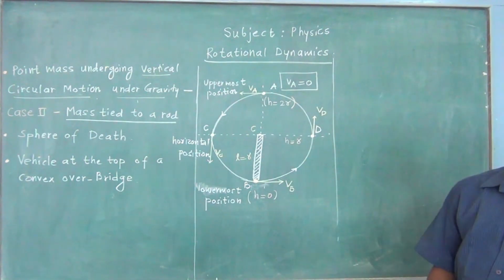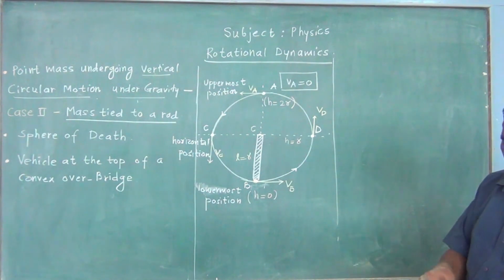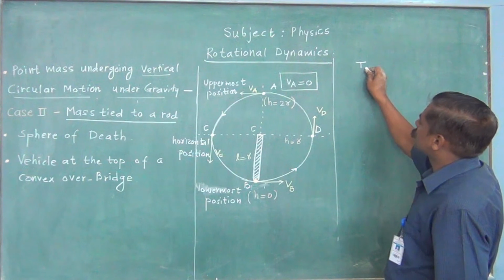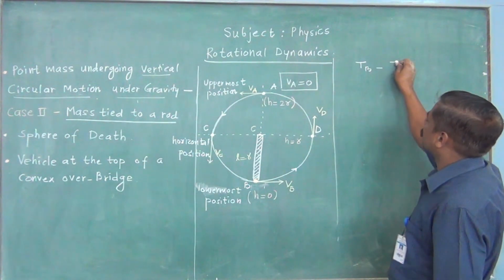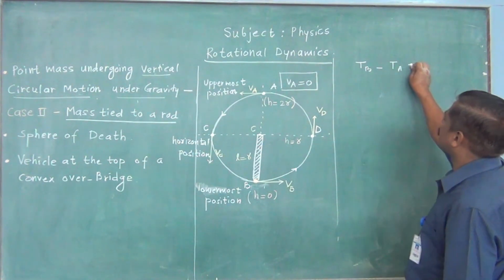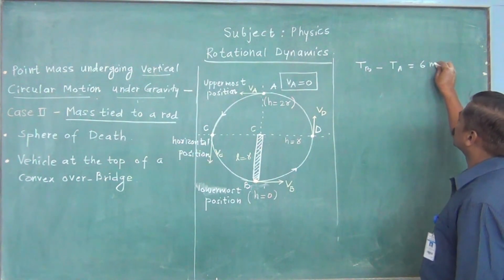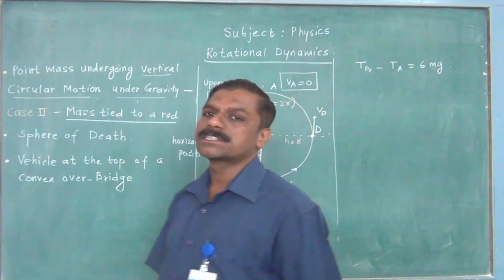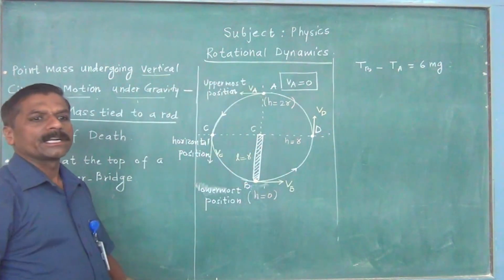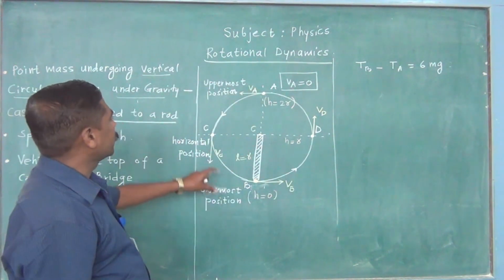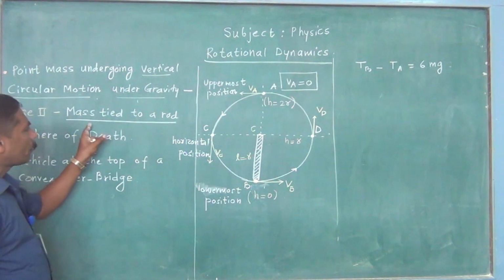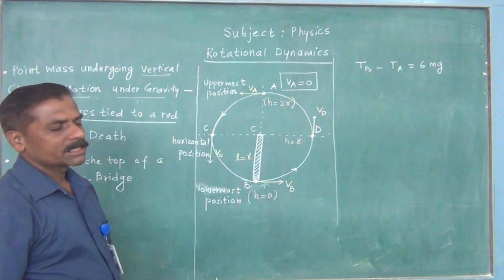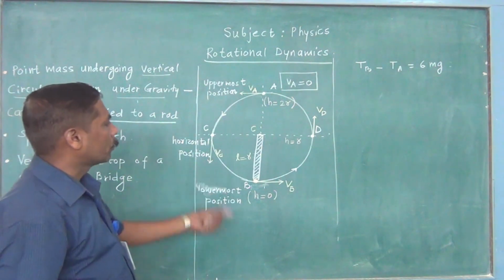We know in case of the string, we have seen the tension difference, that is TB minus TA, which is equal to 6 times of mg. That we have already seen. The same explanation you can use in case of this mass tied to a rod also, meaning you will find the same result for both.